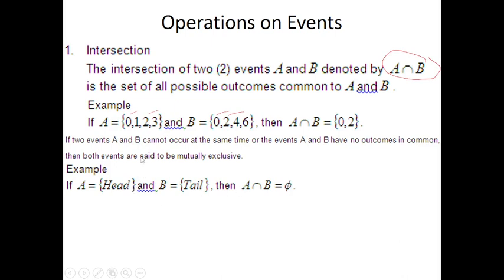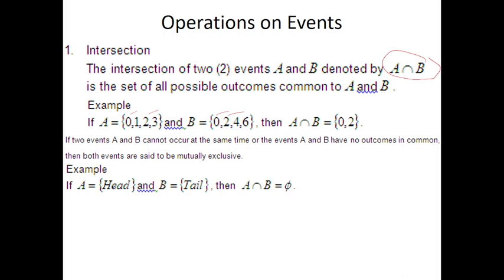So if two events A and B cannot occur at the same time, kapag nag-toss ba ako ng coin, posible ba na parehong head at tail yung lalabas? Hindi, isa lang doon, right? It's either head or tail. So, yung event na head yung lilitaw at yung event na tail yung lilitaw, ay yung dalawa na yon ay mutually exclusive dahil they cannot occur at the same time.